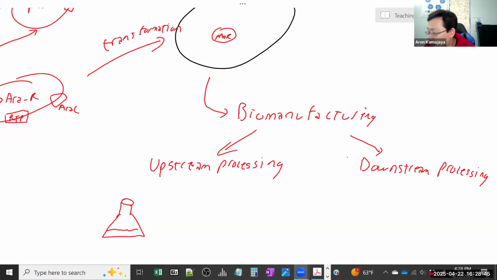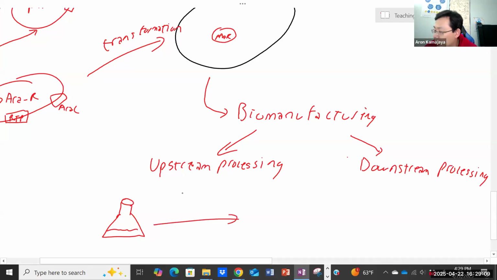So you grow a cell in a flask, or if you are in a biomanufacturing facility, you probably do it in the bioreactor, like the big fermenter tank. You shake the cell, give them air, oxygen, so that the cell is happy, and then you give inducer.